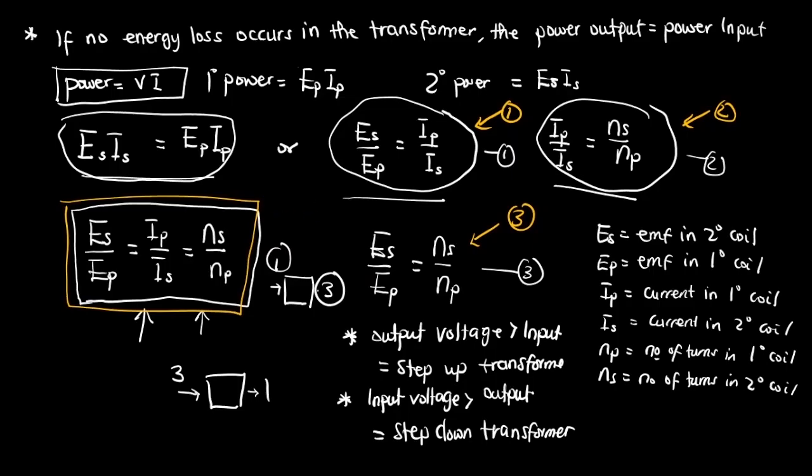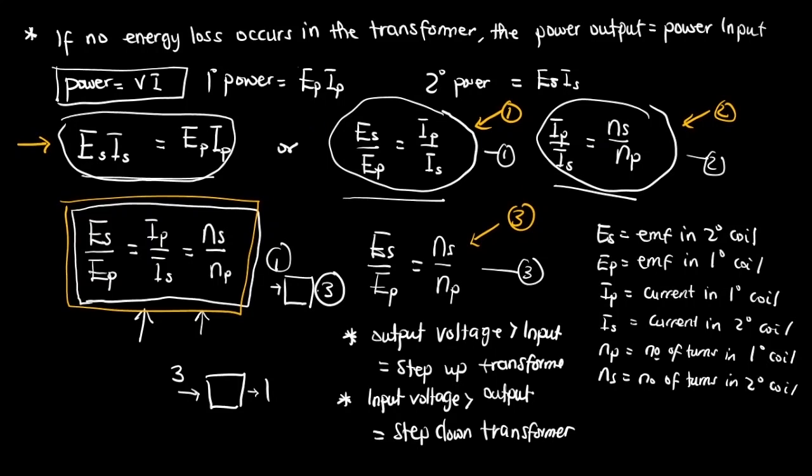So now we've looked at what a transformer is. We looked at the components, what makes up a transformer. We also looked at some deductions. From the deductions, we're able to establish some of these formulas that we'll be using in our calculation. We also say that if the output voltage is greater than the input voltage, that is a step up transformer.